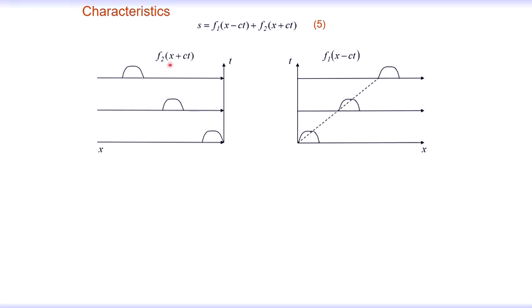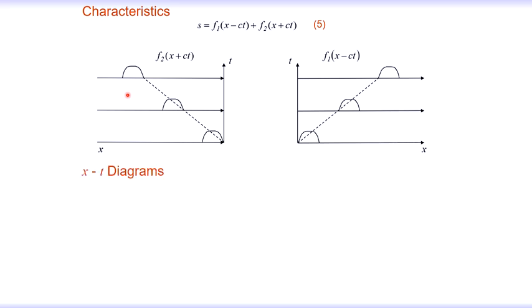Similarly, for the left running wave, if we plot points of constant character, then this line is travelling up here at an angle going out to the left. And these lines are referred to as characteristics of the solution, characteristic lines of the solution.